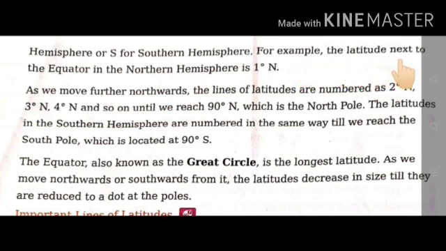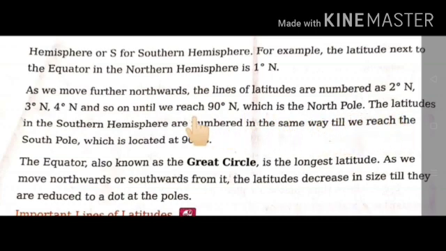For example, the latitude next to the equator in the northern hemisphere is 1 degree N. N stands for north. As we move further northwards, the lines of latitudes are numbered as 2 degree N, 3 degree N, 4 degree N, and so on until we reach 90 degree N, which is the North Pole.